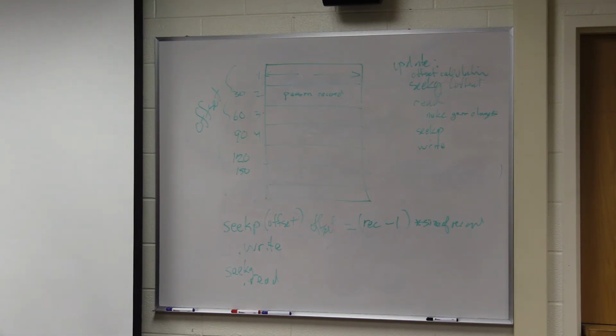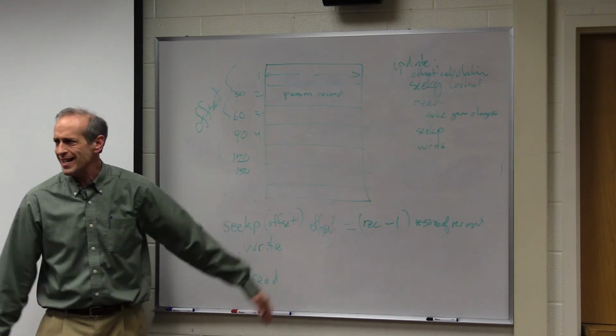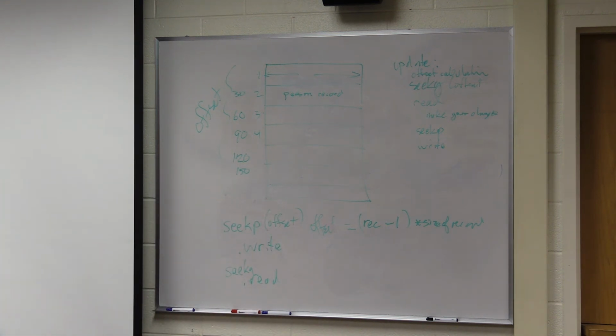The adding of a record is the user can choose like an ID. You can use the record number as the ID number. So write it wherever. If you decide to write to record 100, you literally will go down to record 100, which would be at byte 3000. Offset 2970.